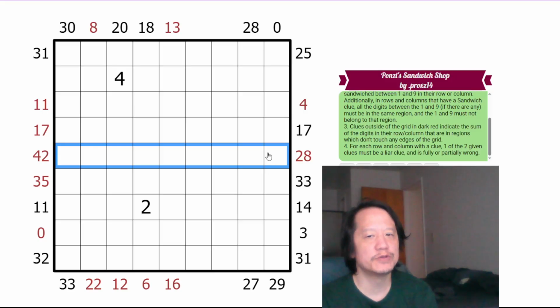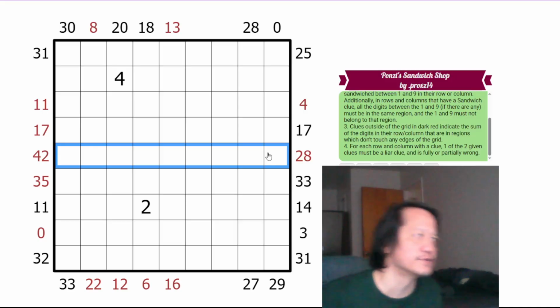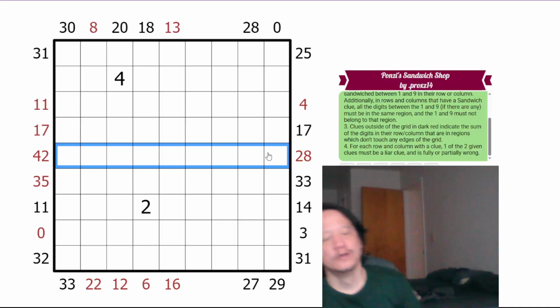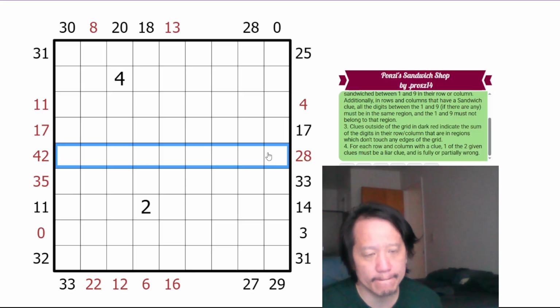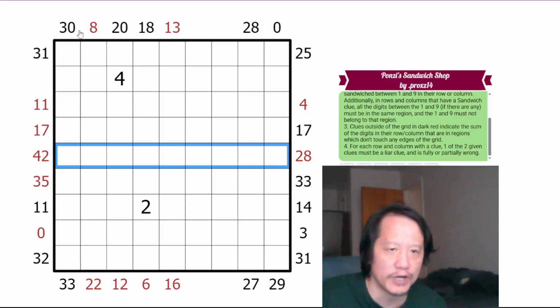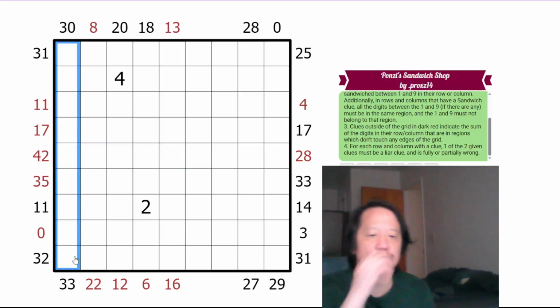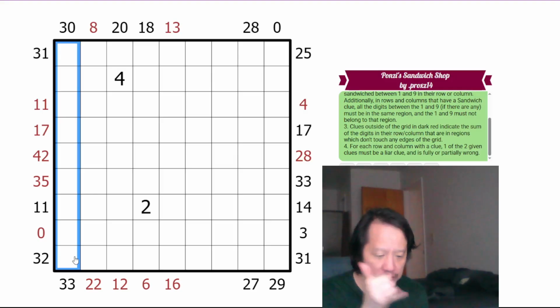All digits between the 1 and 9 must be in the same region. So that is very important for the sandwich clues. We know column 1 adds up to either 30 or 33 between the 1 and 9.